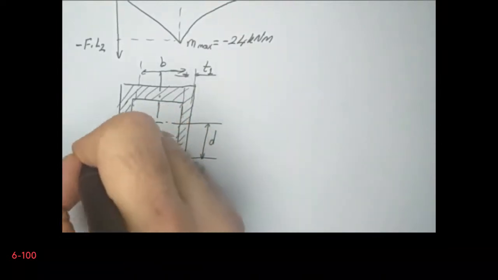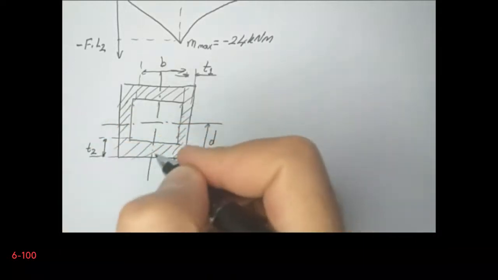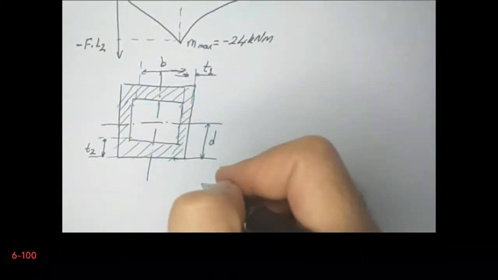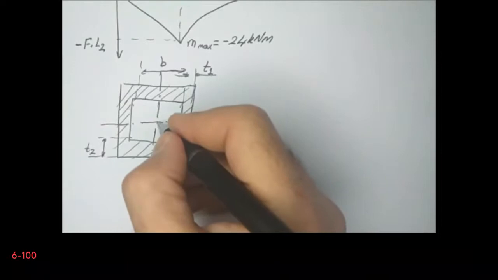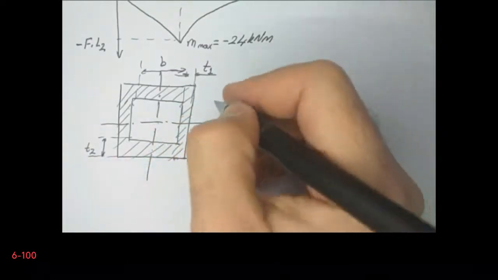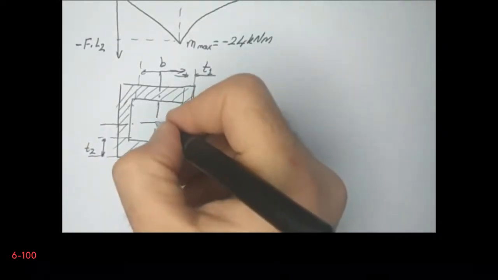In fact, the cross section is symmetric, therefore we don't need to calculate the centroid of this cross section, because it is directly located at the center because of the symmetry.